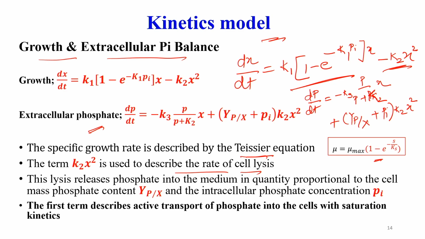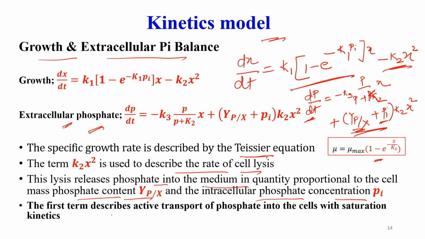So, the cell lysis releases phosphate into the medium, that is extracellular phosphate, and this is proportional to the cell mass phosphate content, that is Yp/x, and intracellular phosphate concentration Pi.